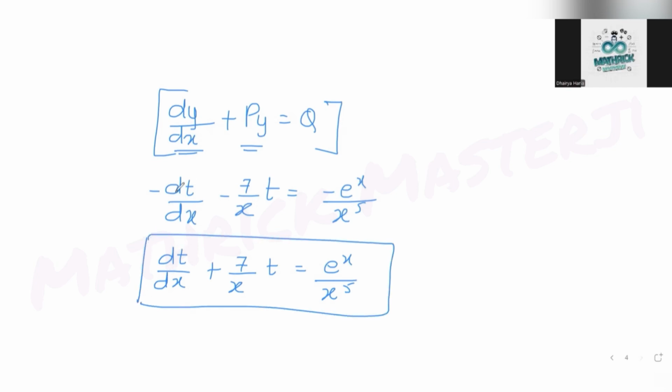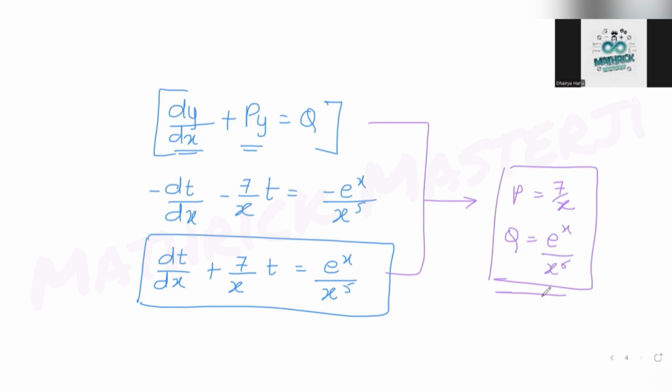Now, if I compare it with this, instead of y, we have a t here. So p with this comparison of the general form becomes 7 over x and q becomes e raised to x over x raised to 5. So we know whenever we have it in this form of dy by dx plus py equals q, integrating factor becomes e raised to integral p dx, which in this case is e raised to integral of 7 over x dx, which makes it e raised to 7 times the integral of 1 over x, which is natural log of x.